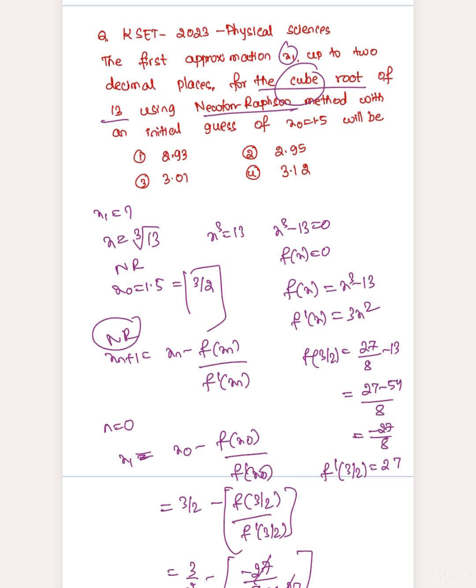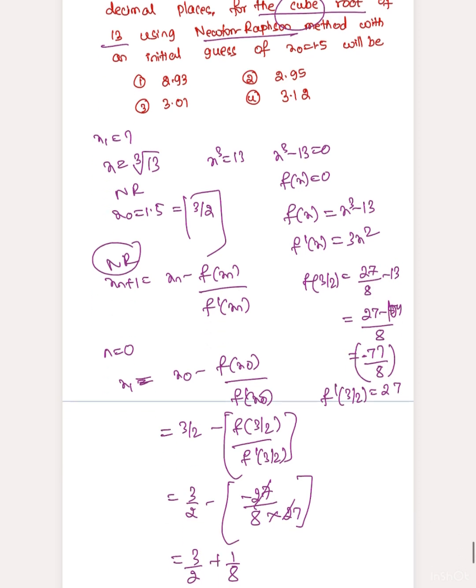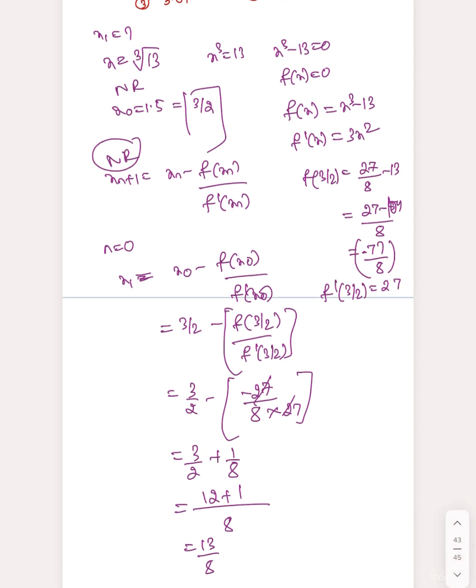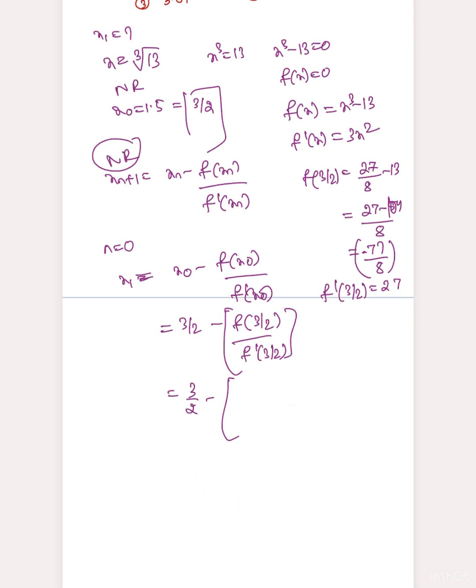This is 77 by 8. Sorry. Just substitute that. f of 3 by 2 is minus 77 by 8.